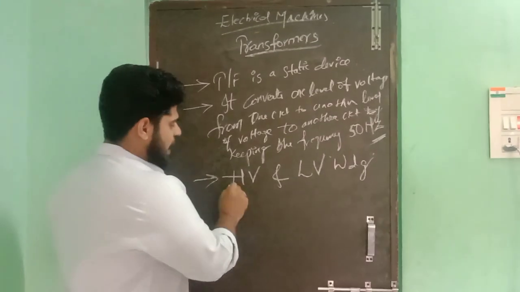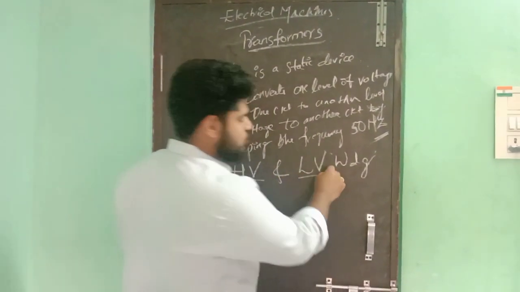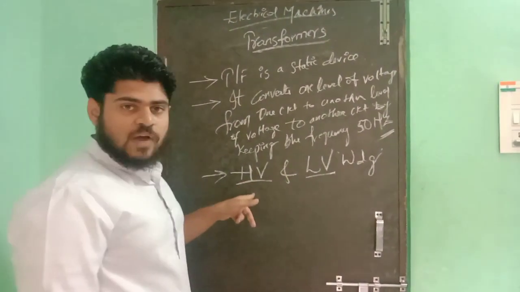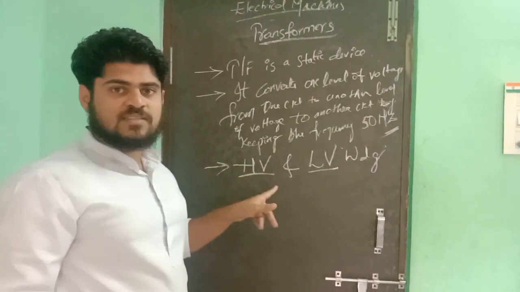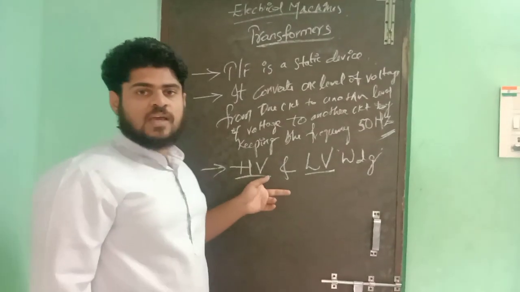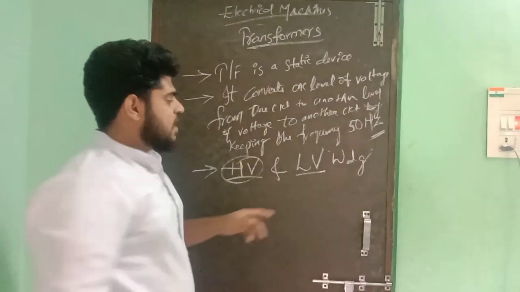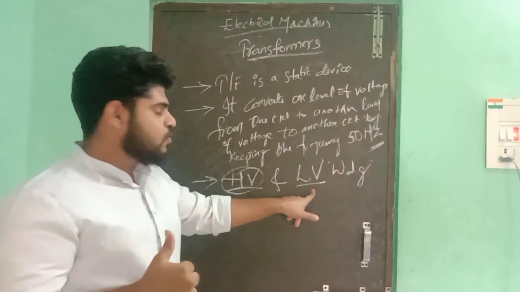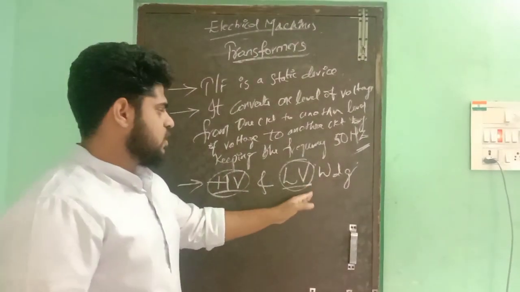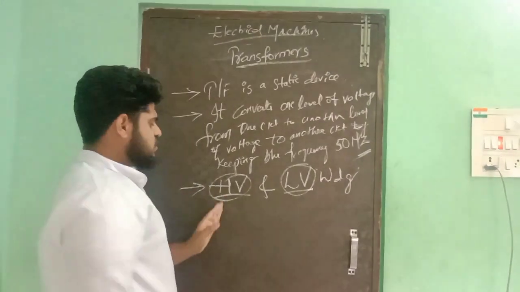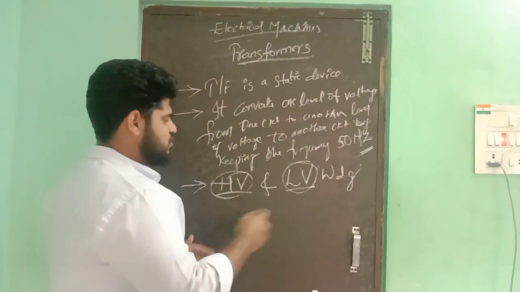HV winding is the high voltage winding, whereas the LV winding is the low voltage winding. The winding which is placed near the higher voltage supply is known as the high voltage winding, and the winding which is placed near the low voltage supply is known as the low voltage winding. We call them HV and LV windings.